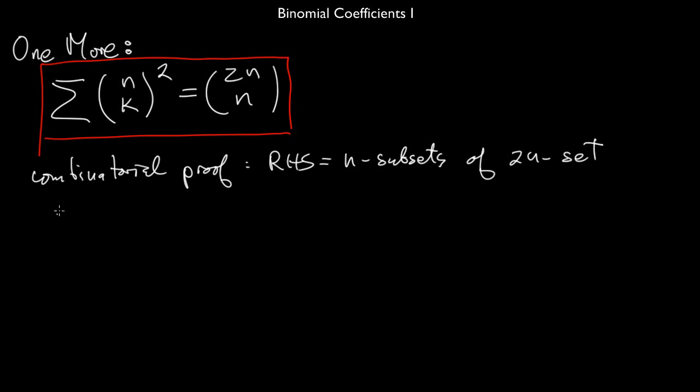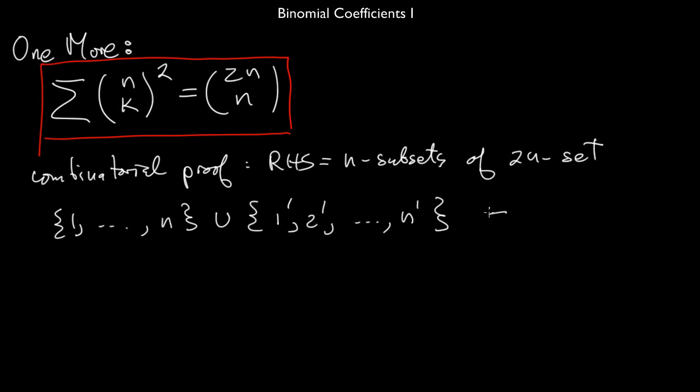So let's write my 2n set as the set of numbers 1 through n, and then another n set, call it 1 prime through n prime. That's my 2n set, and I'm supposed to count all of the ways of getting a subset of this. Well, suppose S is a subset of this.